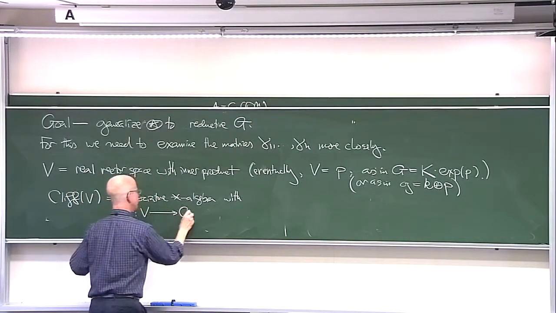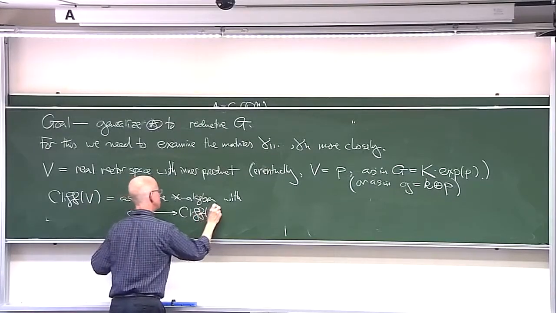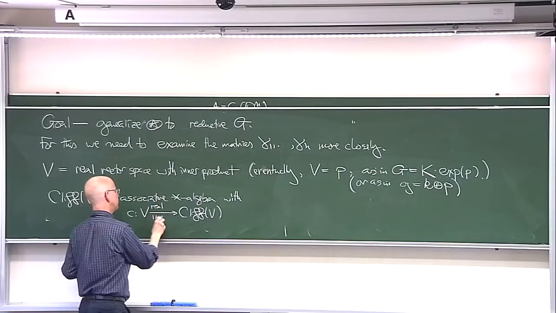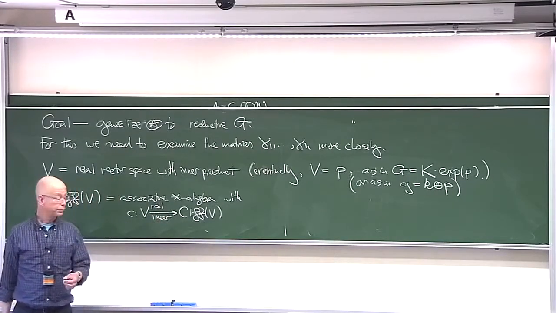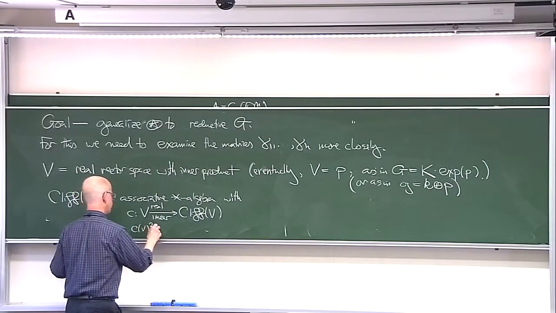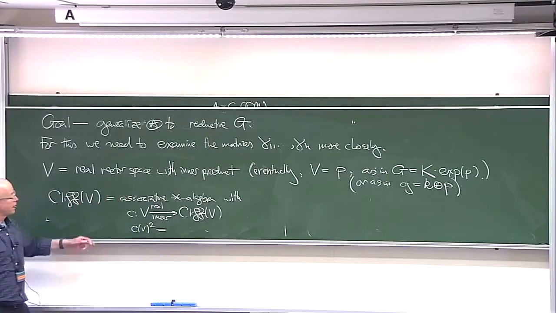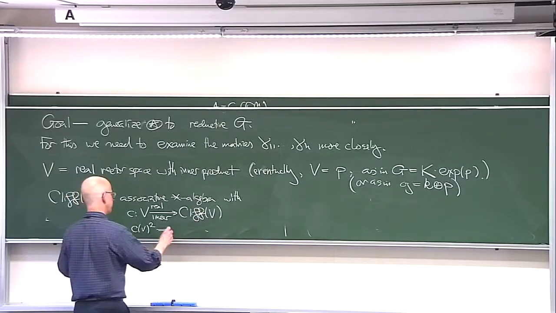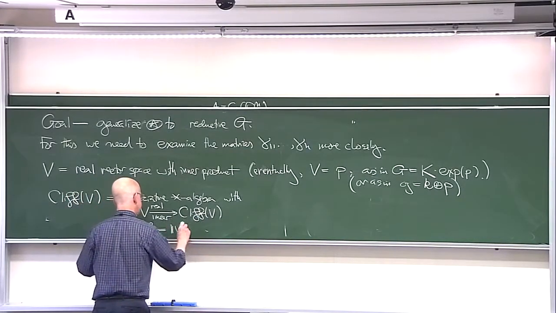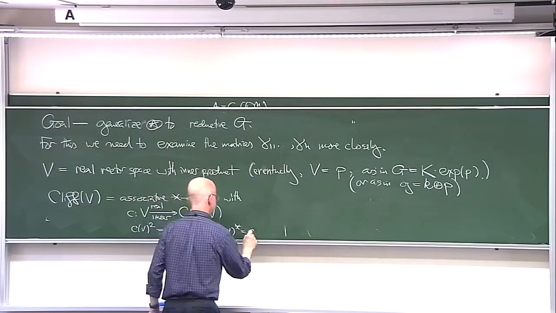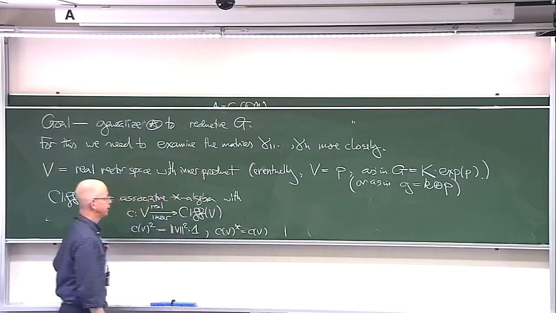This algebra should be equipped with a real linear map C which embeds V into it. And what we insist is that if we apply C to any vector and then we square the result, which we can do because we're in an algebra here, then what we get is the norm of v squared times the identity. Oh, I forgot the fact that we'd like this to go into the self-adjoint part.